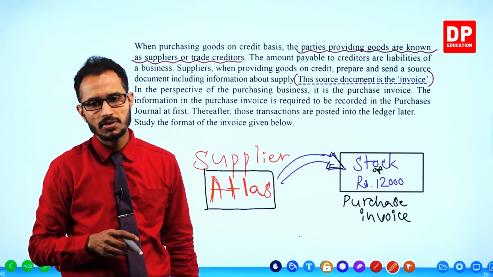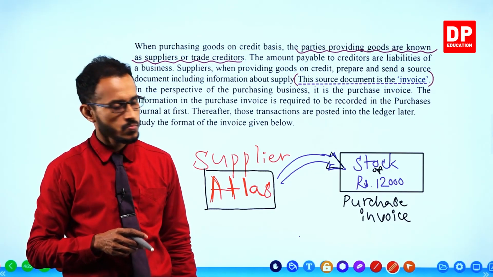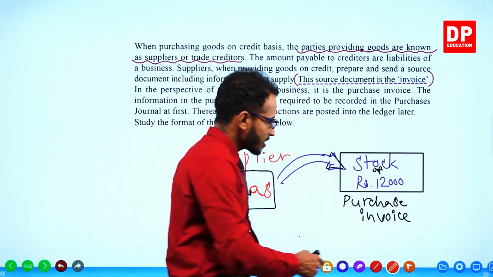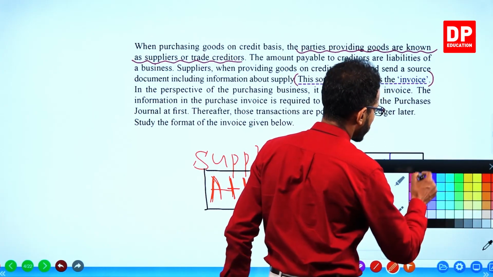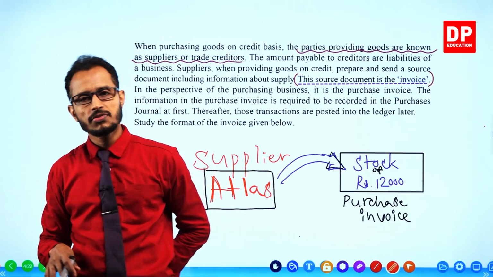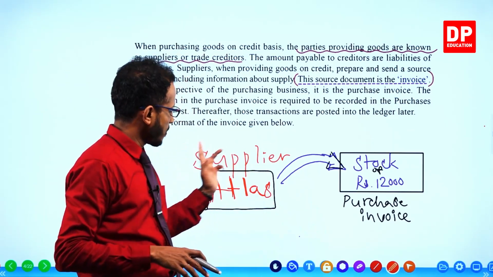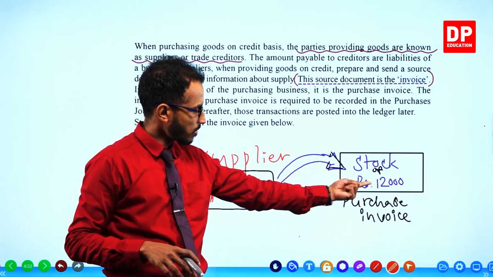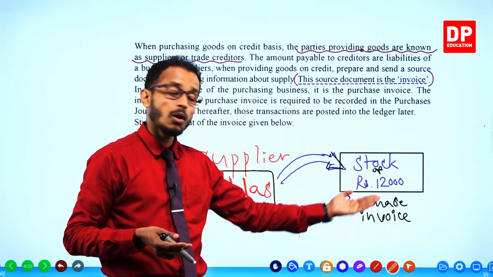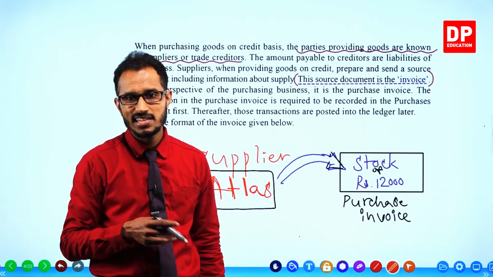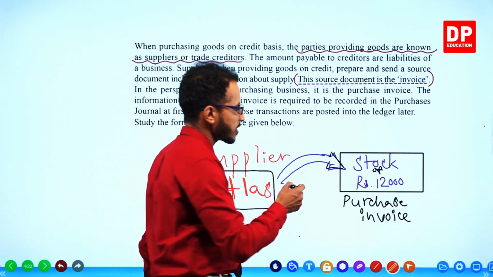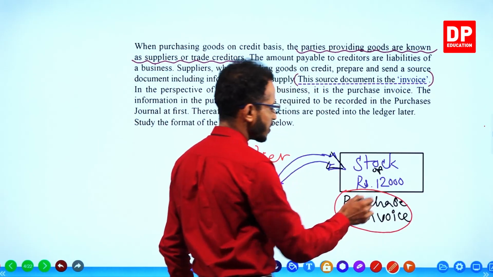That is the source document. For my business, the purchase invoice is the source document. This source document contains all the information of the transaction: the name of the supplier, amount of the stock, value of the stock, the price of the stock, any trade discounts, date of the purchase. Everything is included in the purchase invoice.